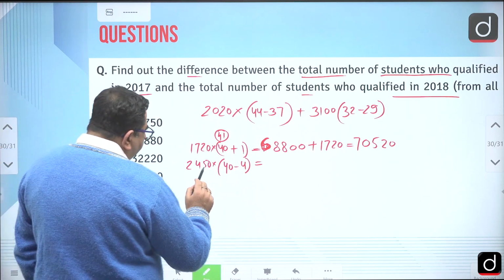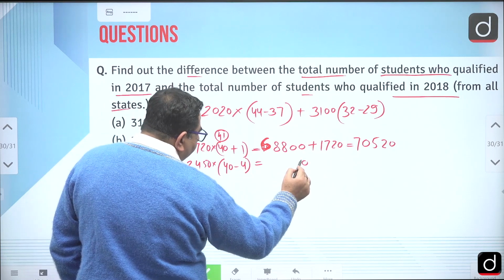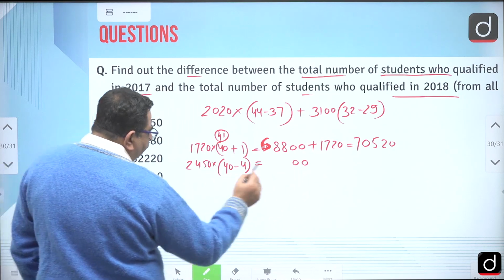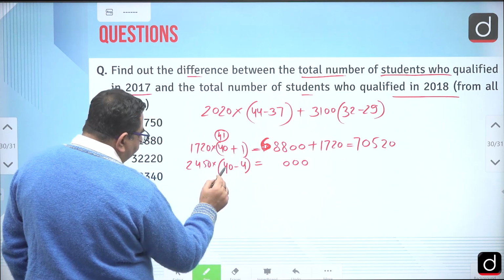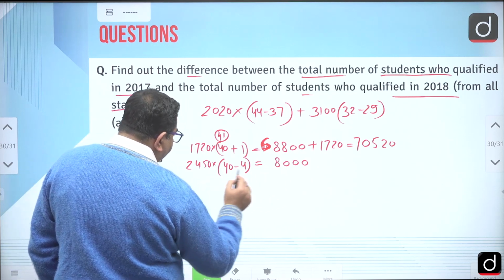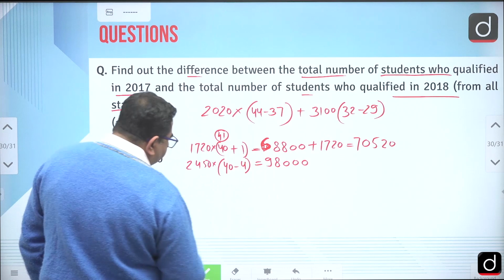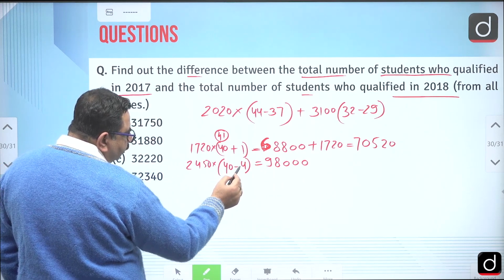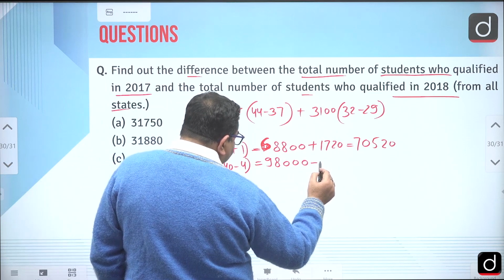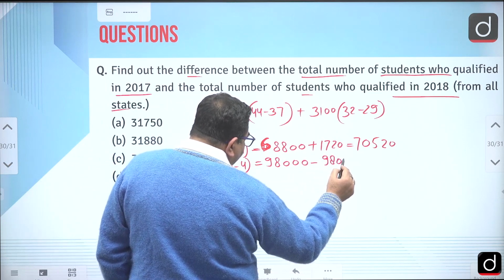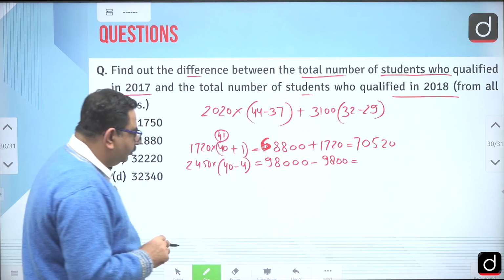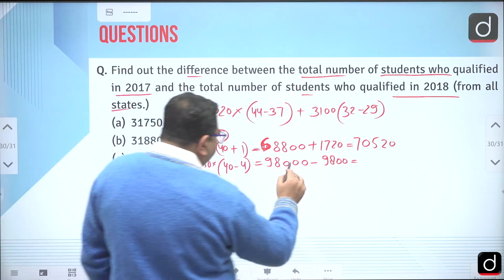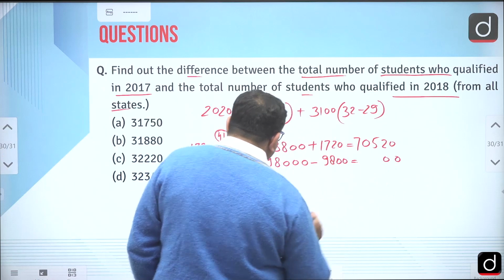Now we'll see, this is into 4, so 0 0, 4 into 5 is 20, carries 2, 4 into 4 is 16 plus 2 is 18, carries 1, that is this. Now it is 40, so 4 times will be what, we will have to reduce 1 0. So can I say minus, this is 9800, right. So this will be equal to what, zeros are same, right.